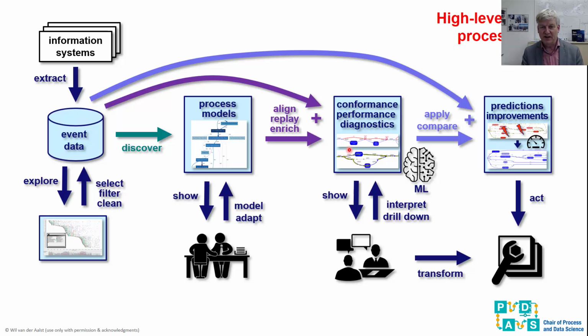Then what is the connection between process mining and things like machine learning and artificial intelligence? That comes in the last step in this diagram, where we are using these models which are discovered and enriched with the event data that we have.